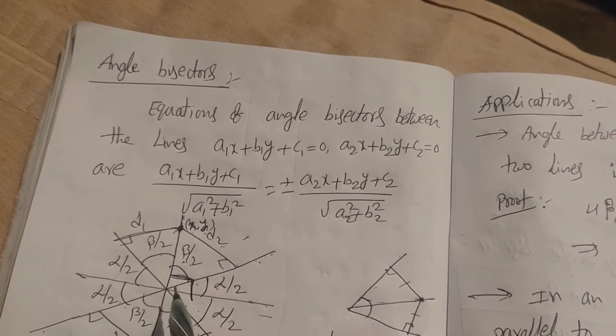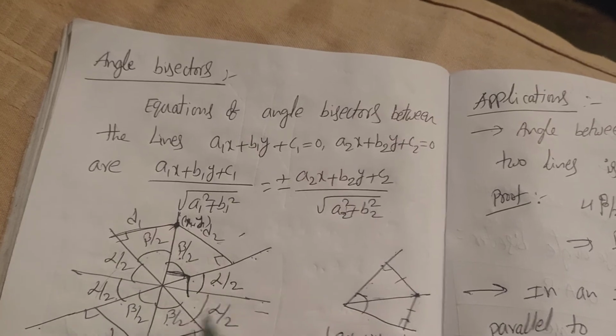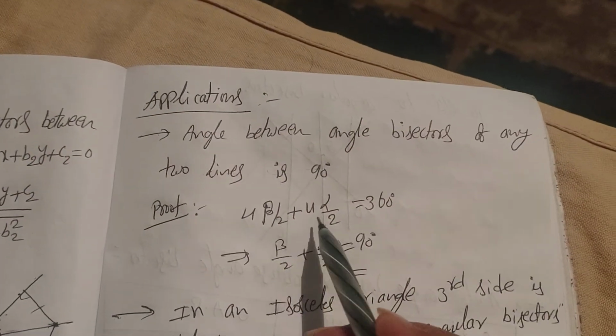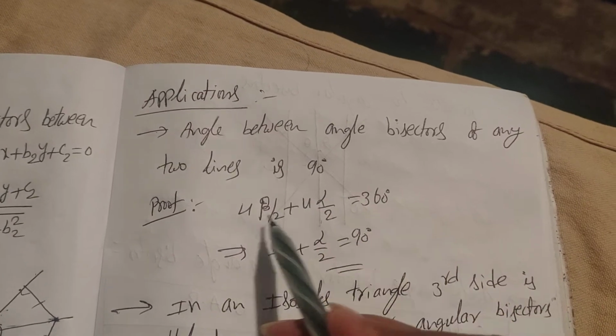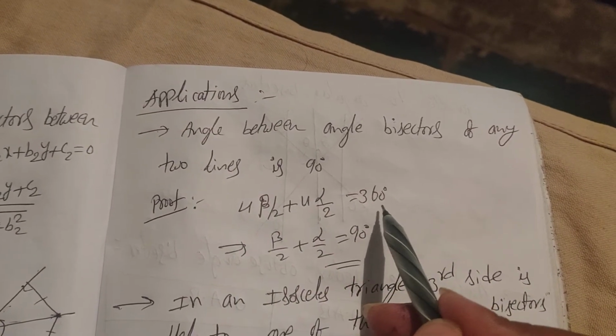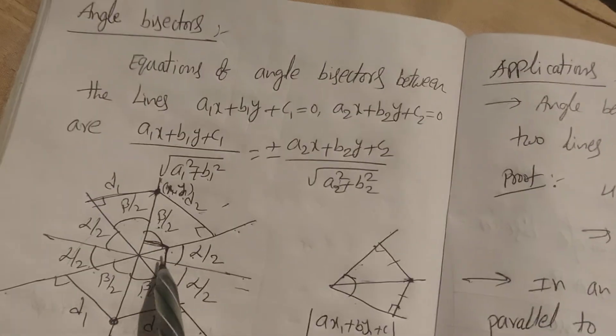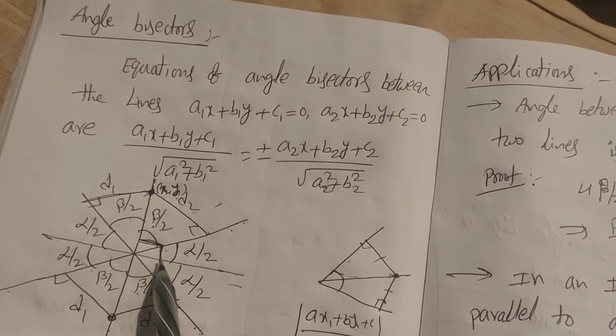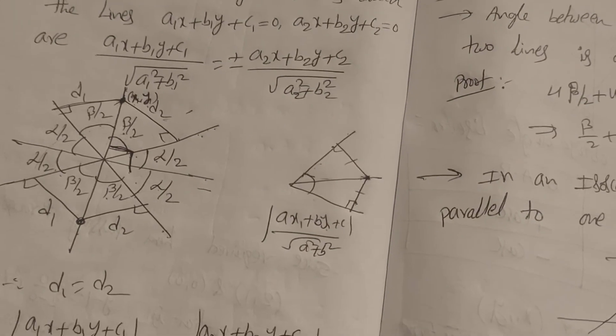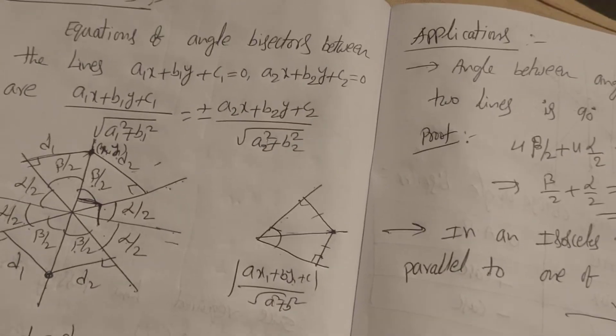So total 4 alpha by 2s and 4 beta by 2s. If you add all these, that gives 360 degrees. So 4 into beta by 2 plus 4 into alpha by 2 is equal to 360 degrees. If you take 4 common and transpose, 360 by 4 is equal to 90. So beta by 2 plus alpha by 2 is equal to 90 degrees. So this angle is 90 degrees. So the angle between angular bisectors of any two lines is 90 degrees.